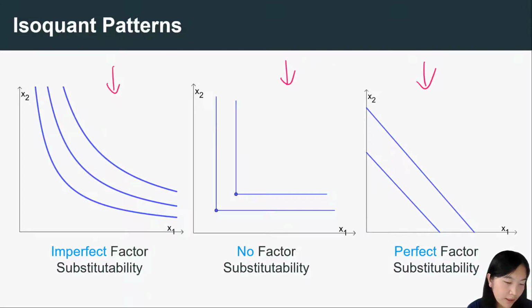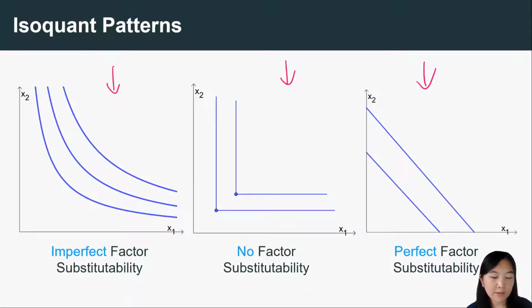For this pattern, we say that there's imperfect factor substitutability. That means that one input can substitute for the other, however, not perfectly. And usually, all of the input cases that we are interested in have this pattern.